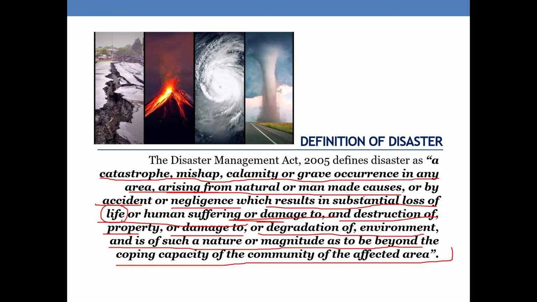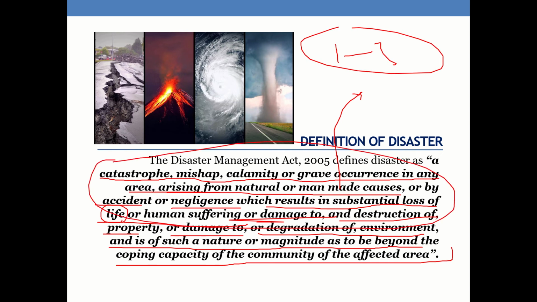So it looks like a little extended version of what the first three definitions have said. It is more or less the same, but it has been explicitly written to make a point about how we define disaster.